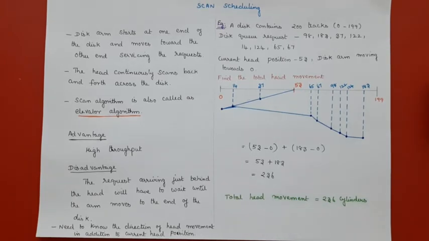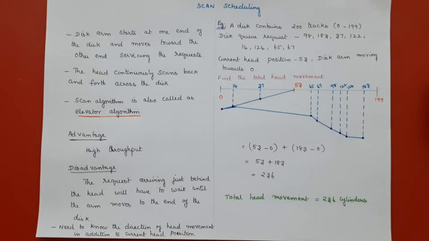In SCAN scheduling, the main thing is that in FCFS and SSTF, you only have the current head position. But apart from the current head position, in SCAN you need to know one more thing, that is the direction of the head movement.